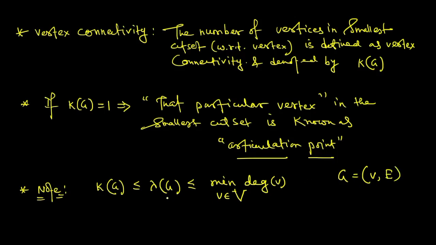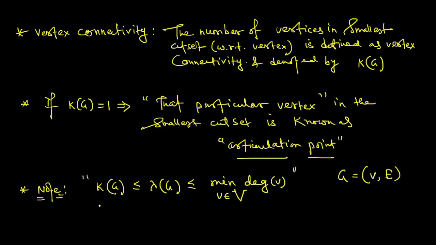So here see this relation, K of G, that is vertex connectivity, is less than or equal to edge connectivity, less than or equal to the minimum of all the degrees. That means whatever vertices you have, calculate the degree, the minimum one, which is satisfying this relation.